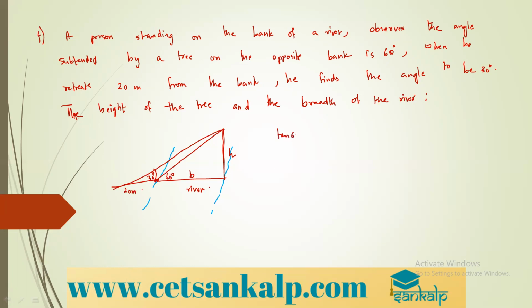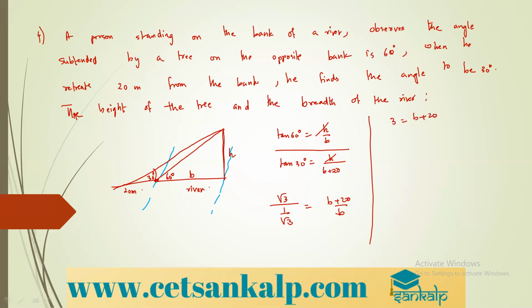So from one triangle, tan 60 degrees is H by B. From the other triangle, tan 30 degrees is H by B plus 20. If you divide, H will cancel. Tan 60 is root 3, tan 30 is 1 by root 3, equal to B plus 20 by B. Or you can say 3 equal to B plus 20 by B, 3B equal to B plus 20, 2B equal to 20, or breadth of the river is 10 meters.